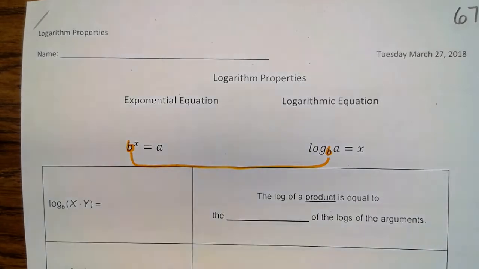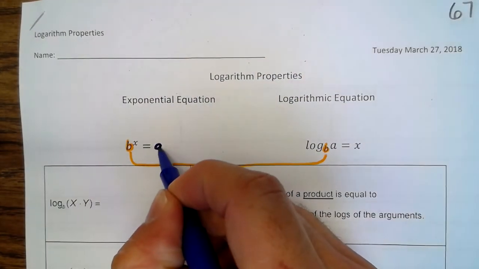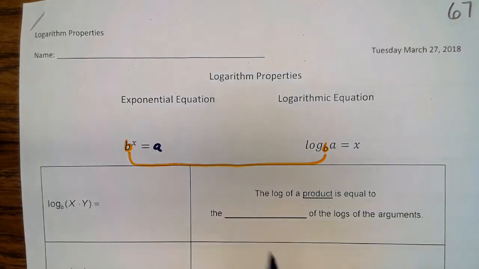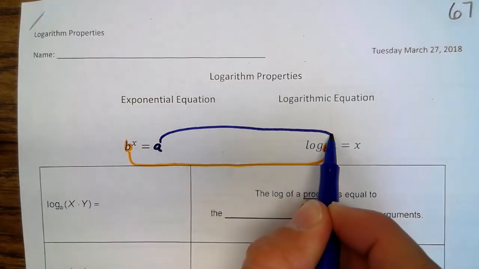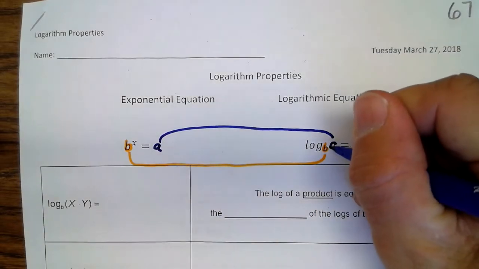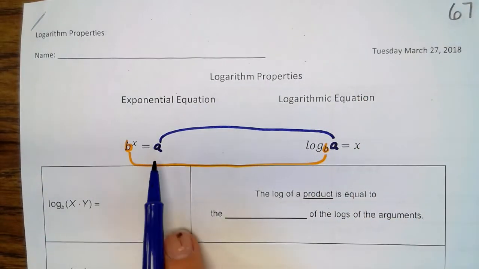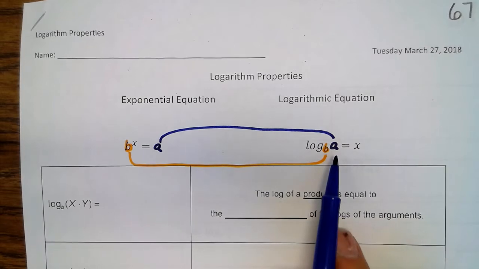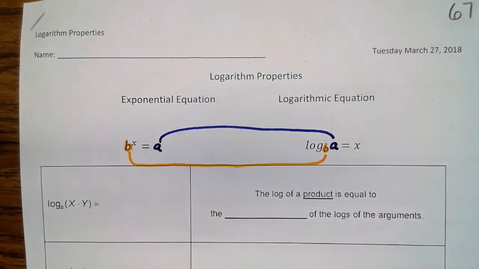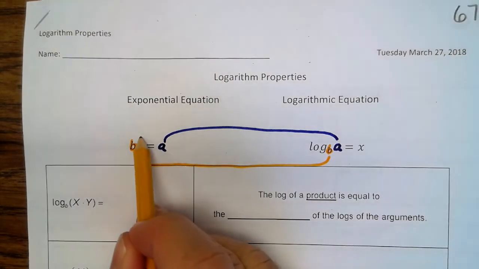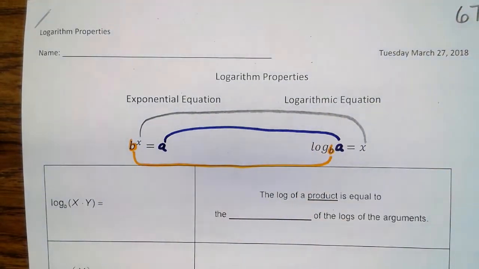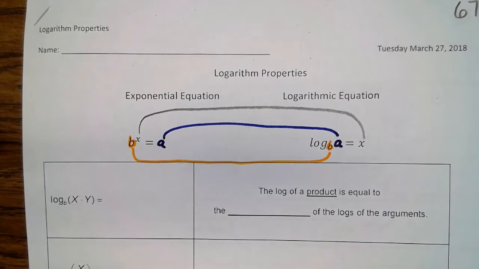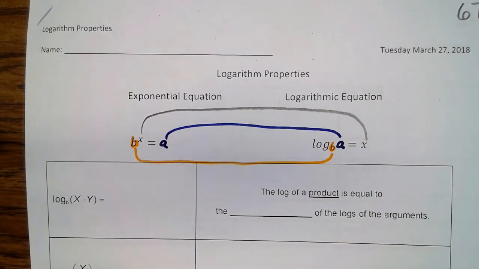Okay, so now the a is here in the exponential equation, and it's here in the logarithmic. So this is really just all about seeing if the a is here in exponential, the a is here in the logarithmic, okay? And then the x is here, and it's here. So that shows you how to go from exponential to logarithmic.